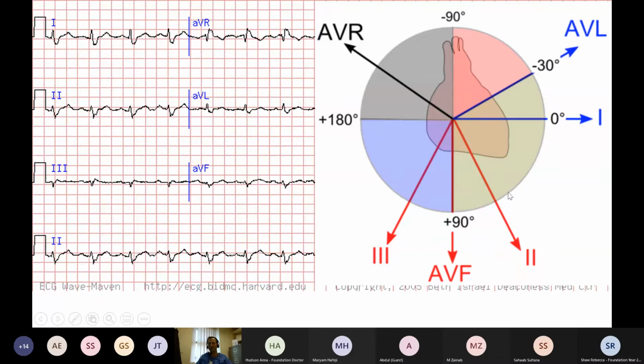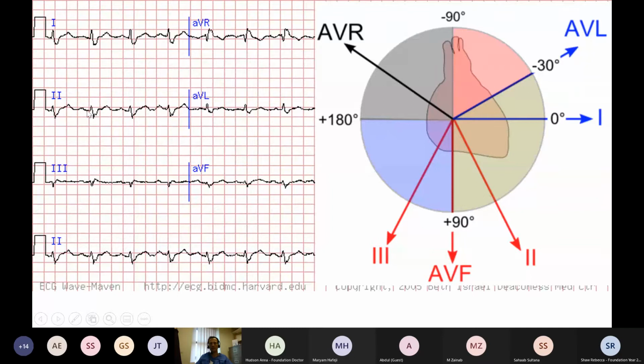If it's not, if it's negative, that's because the axis is moving predominantly in a different direction. It might be more up here, or it might be more down there. Now, the precordial leads, we don't use them for axis because they are separate entirely from this. They're dotted over the chest and they look over the anterior wall and some of the lateral wall. So we don't look at those at all for looking at the axis.